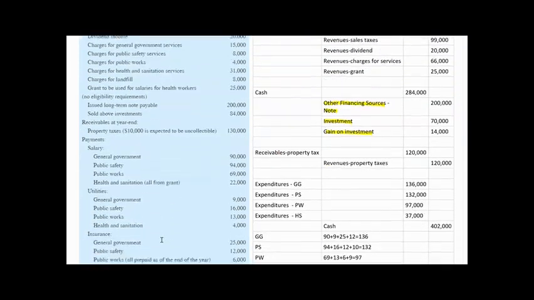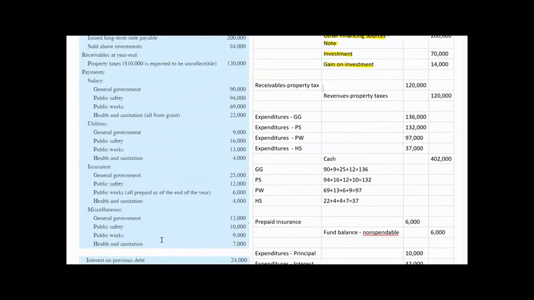Next, let's move on to the cash payment. For cash payment, the main difference is that instead of using expense, here we need to use expenditures. So make sure that we use expenditures to replace expense for those cash payments.